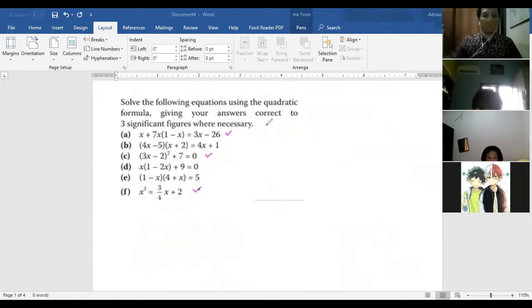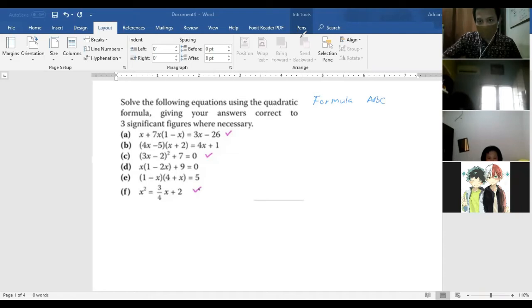Solve the following equation using the quadratic formula. Quadratic formula. You know the formula? Everyone, the formula is like this. Formula ABC of the quadratic equation.